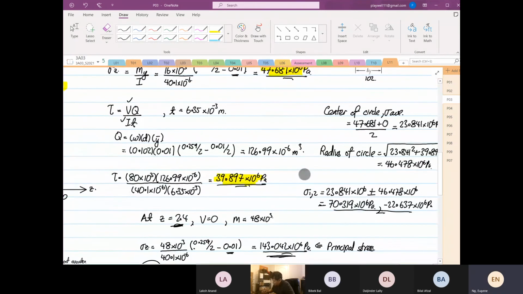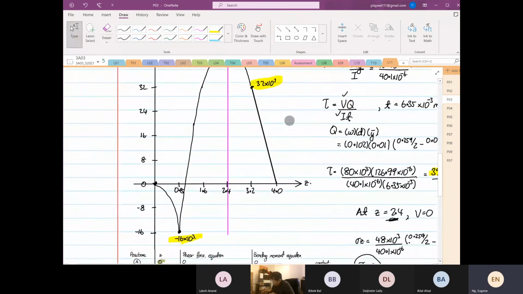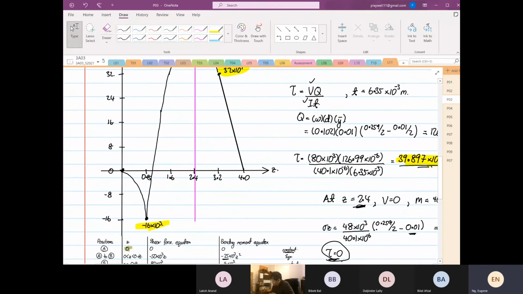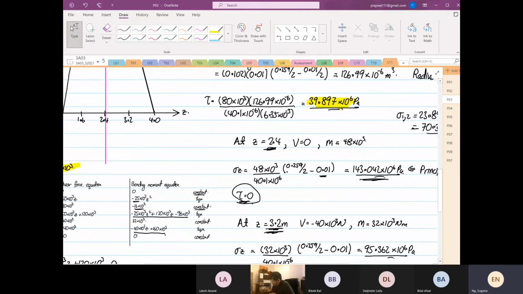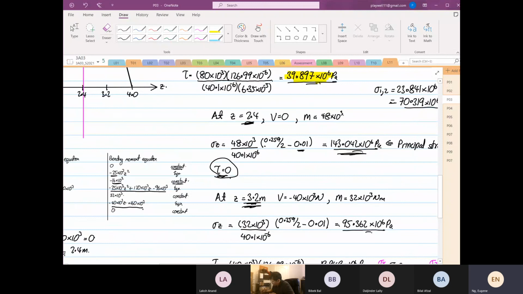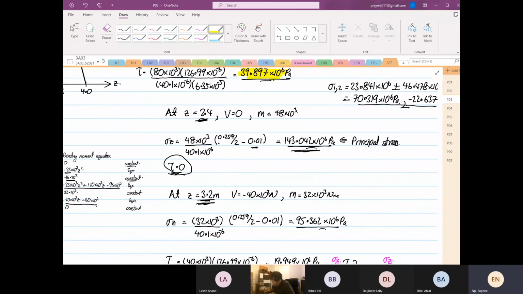So it's less. The least likely place to fail is at Z equal 0.8 and at Z equal 0.4. So where is it going to fail? It's going to fail where Z is equal to 2.4, where you have the maximum bending moment of 48 Newton meter.